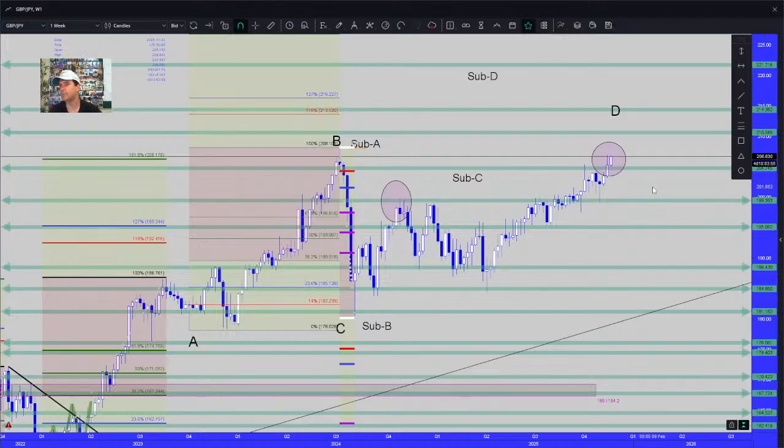Which one is the sub C now? The same rules apply. The sub C is the highest point, not necessarily a high, inside the sub A, sub B boundary before the market hits the appropriate sub D extension. Same rules apply. Which one is the sub C? First circle, second circle?